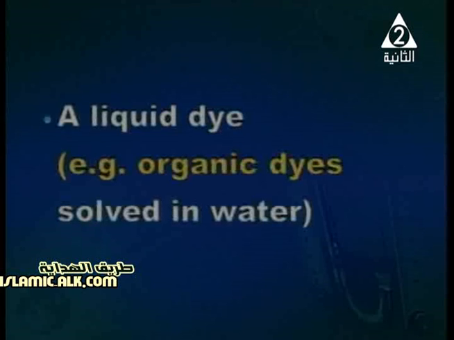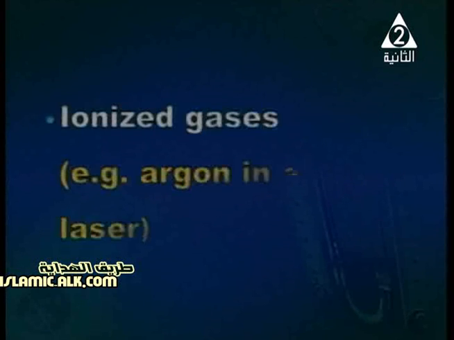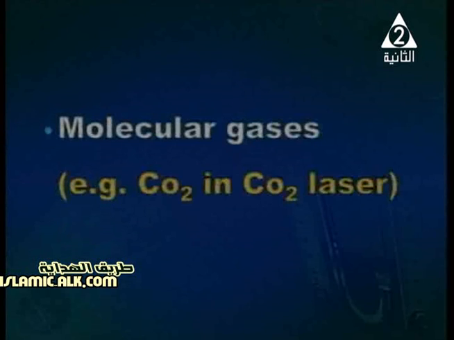A liquid dye, for example, organic dyes solved in water, and gas atoms in helium neon mixture, ionized gas, for example, argon in argon laser, molecular gases, for example, carbon dioxide in carbon dioxide laser.